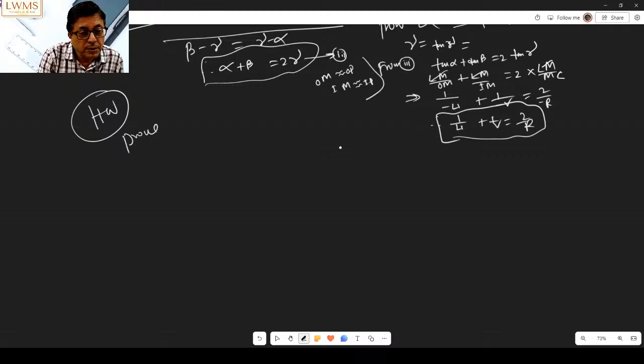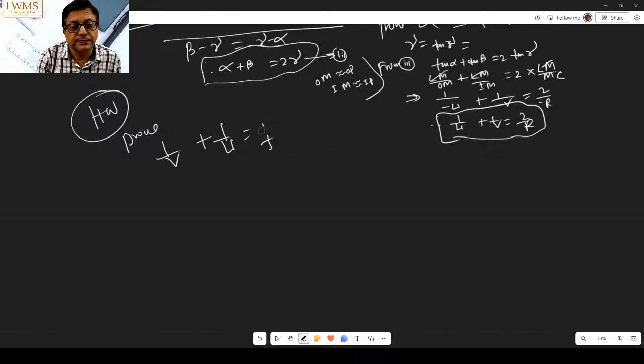Prove the same thing: 1 by v plus 1 by u equal to 2 by R. This is in which case?